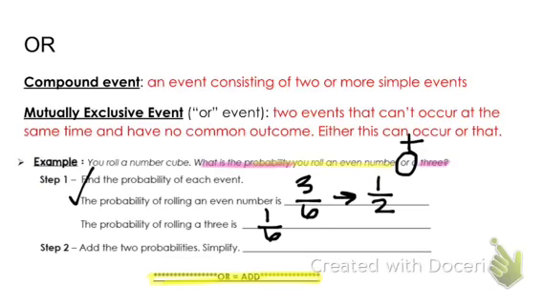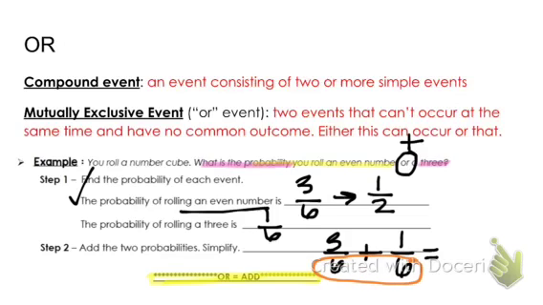So what we need to do now, since we have our keyword or, which I circled and I put a plus sign in front of, is add my probability of rolling an even number, which originally was 3/6, plus the probability of rolling a 3, which is 1/6. And since my denominators are already the same, I'm going to keep them the same going across.